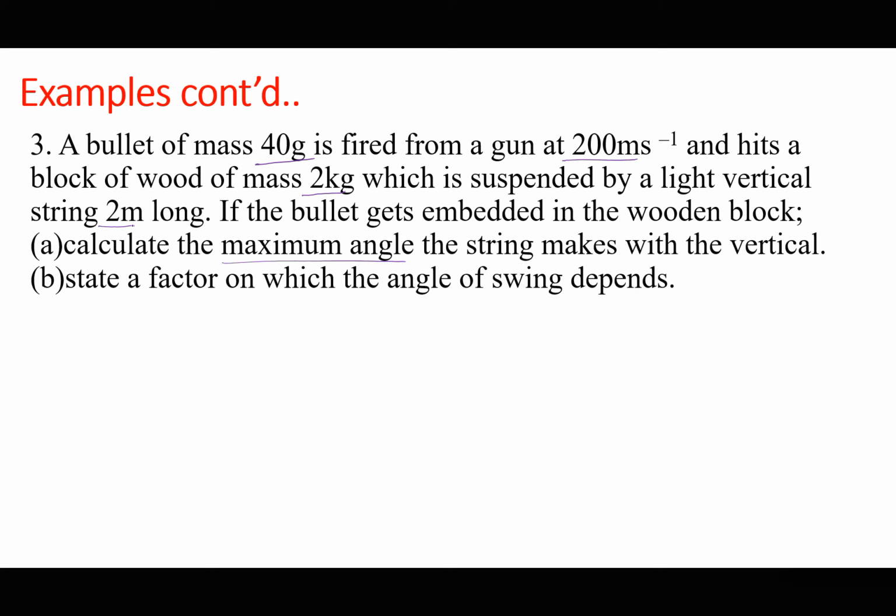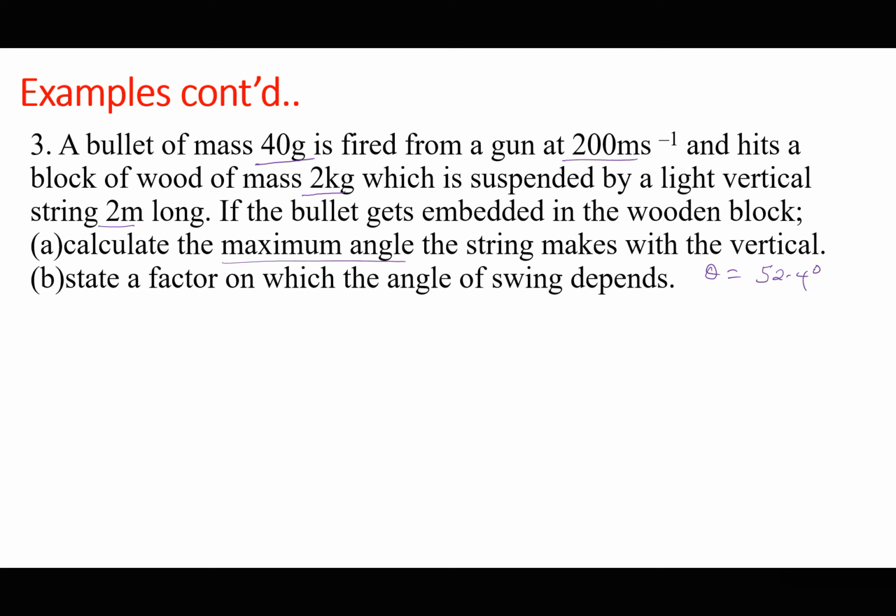Then you can use conservation of energy to find the vertical height. Then you can subtract the vertical height from the length of the string, and then use the cosine. Cos theta is equal to adjacent over the hypotenuse, which gives me theta as, I expect you to get, 52.4 degrees. You can try that.